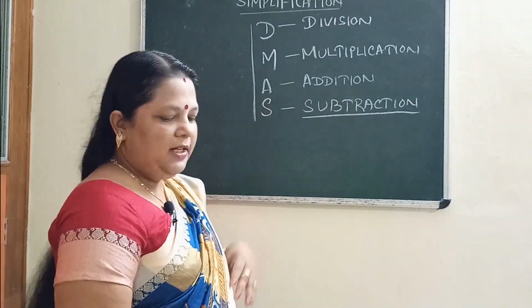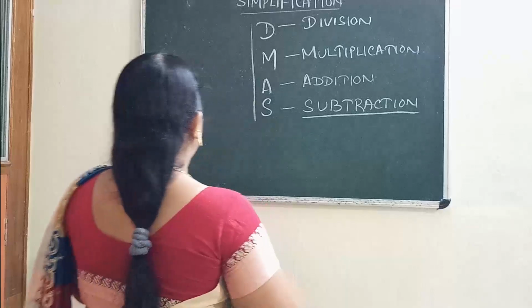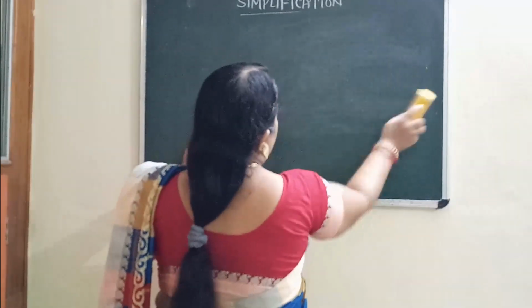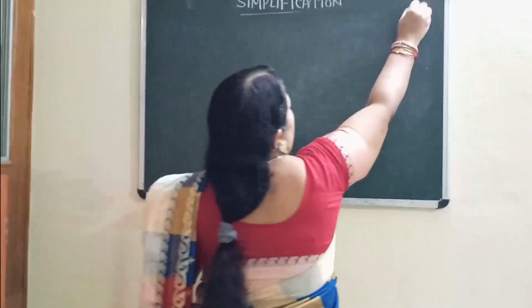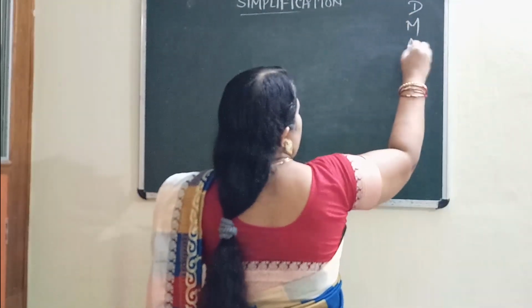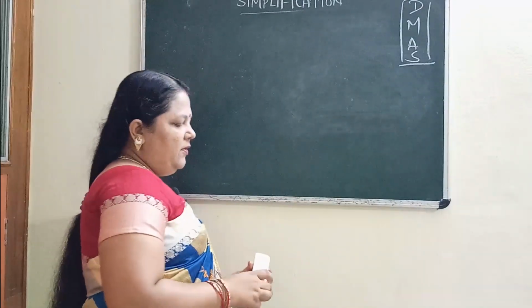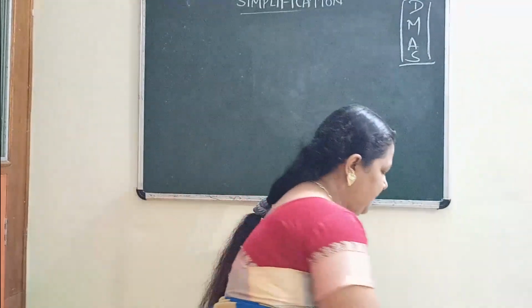Okay, so let's take an example. We can understand by this. I am writing here inside DMAS. So based upon this rule, how we can solve the problem.